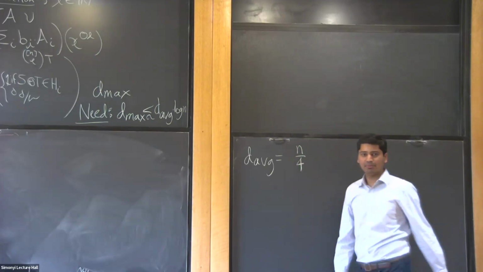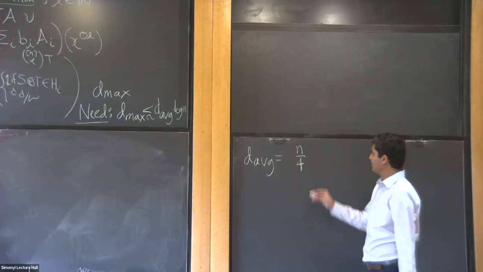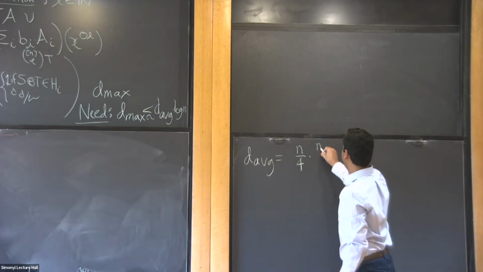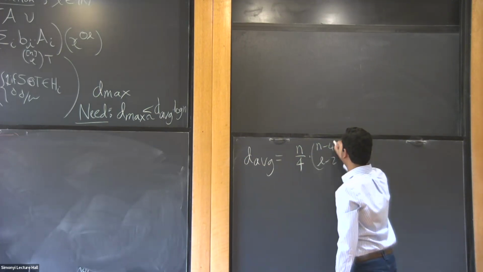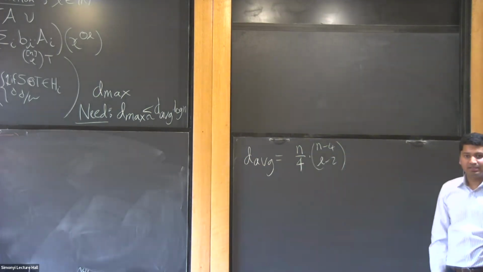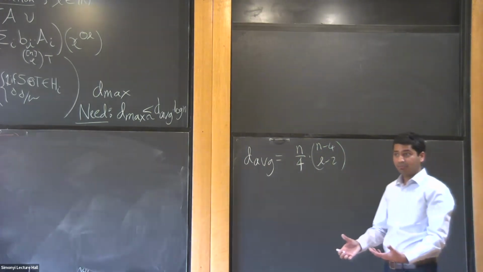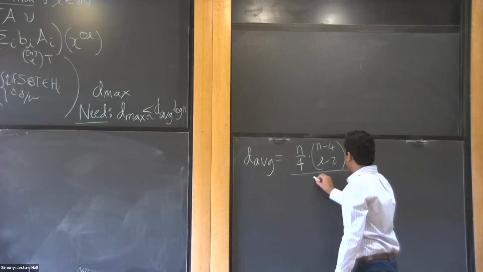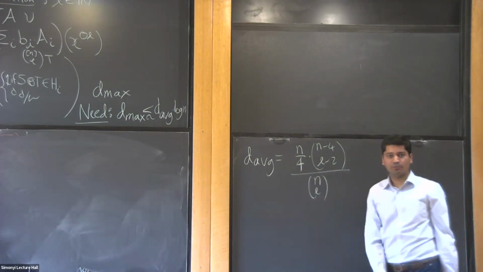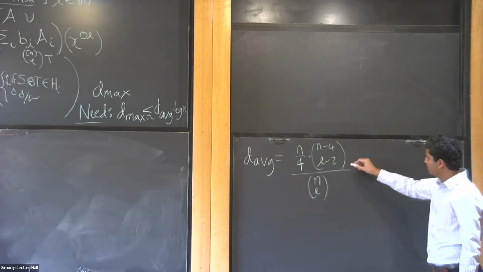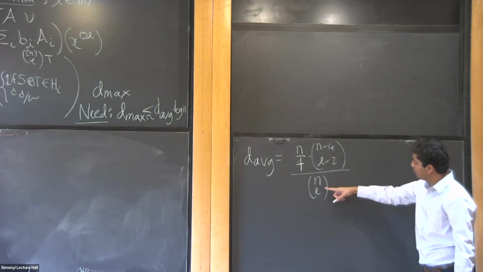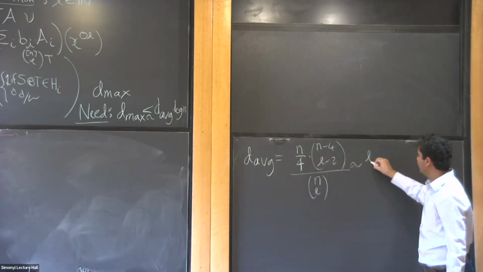N over 4 is the number of hyperedges in AI. Each of them gives me n minus 4 choose L minus 2, and there are some constants I'm going to ignore. That's, up to constant factors, the total number of edges in AI. To take the average, I divide by the number of vertices. And this expression is just L squared over N squared times N. So this looks like L squared over N.